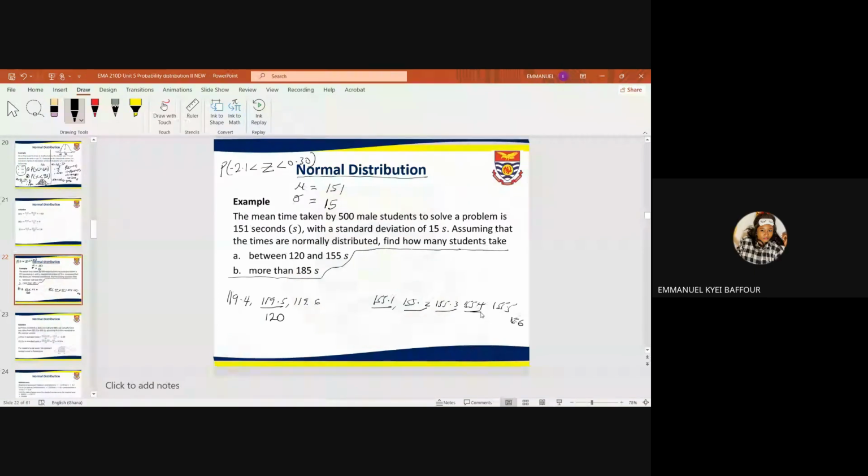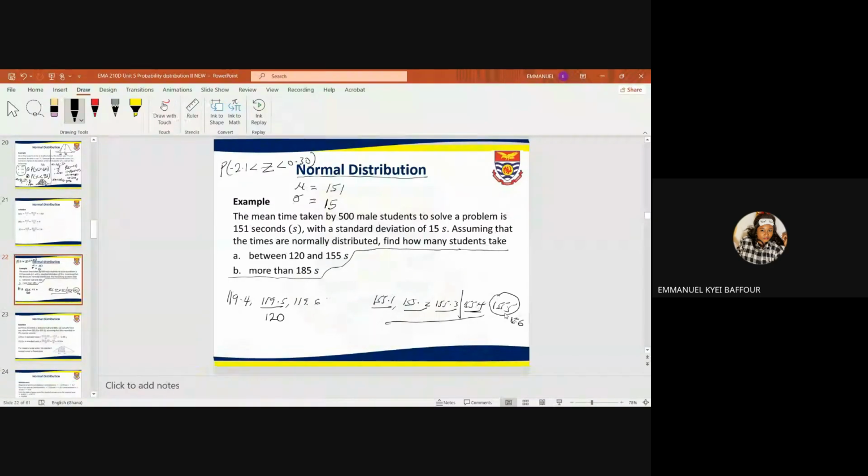But because we are going to look out for values between 120 and 155, if we choose 155.4 as our upper bound, then the values between will be to the left side. So it means we have added 0.3 and we will exclude 0.4. But if 0.4 is part, then you are considering 155.5 as your upper bound, so that between means all these values are within the upper bound you have set here.